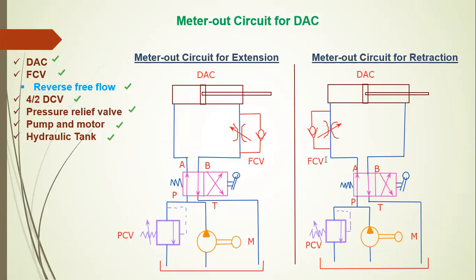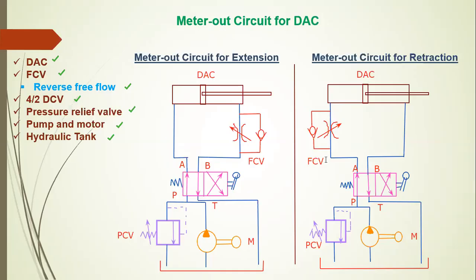It can hold a running away load because the FCV is at the outlet of the cylinder. If you have to hold, like a lift, we have to stop in between or continue to hold the load. The FCV is able to stop the oil flow from the outlet and hold the position. Because of that, we attach the FCV at the outlet condition.